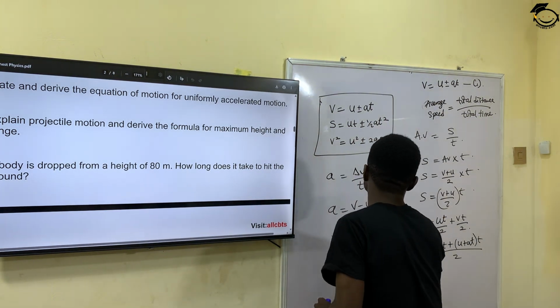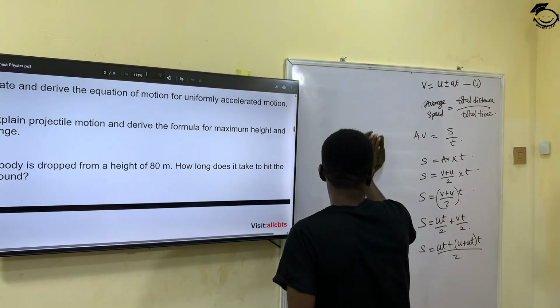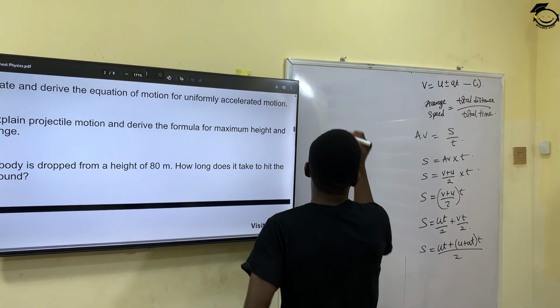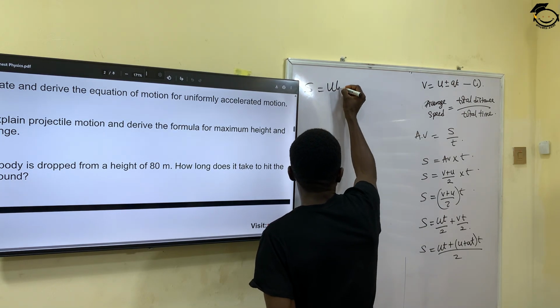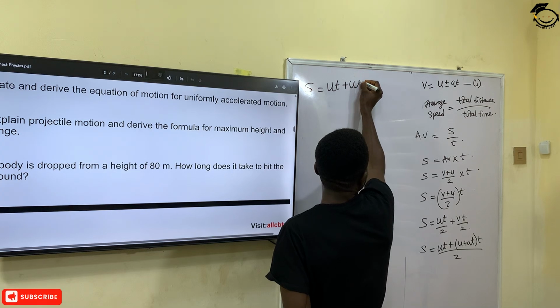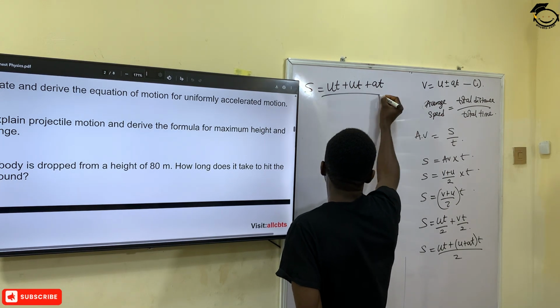So this can be simplified to mean that my distance is equal to ut plus at all divided by 2.